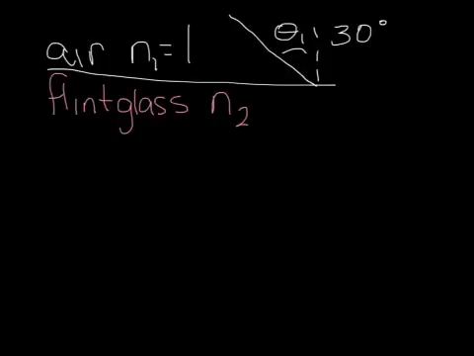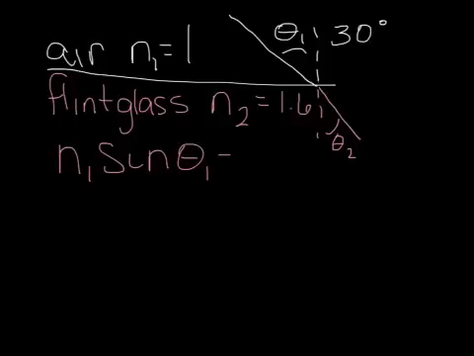Our flint glass is 1.6, and we don't know what that angle is, but we need to find it, theta 2. So what do we know? We know N1 sine theta 1 equals N2 sine theta 2.